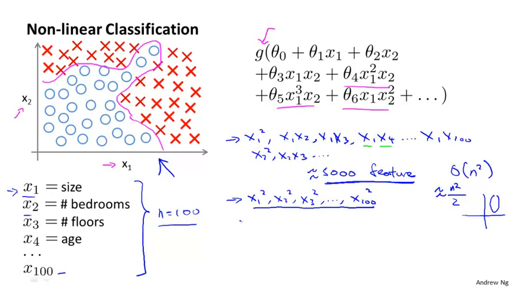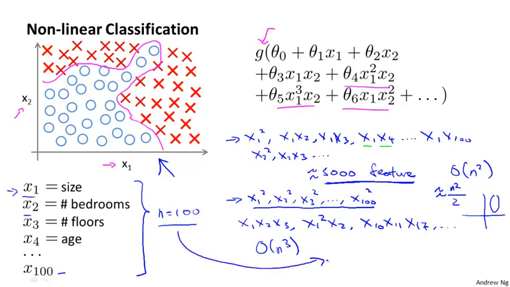If you were to include the cubic or third order polynomial features, like x1x2x3, x1 squared x2, x10x11x17, and so on, you can imagine there are going to be a lot of these features. In fact, they're going to be order n cubed such features, and if n equals 100, you can compute that you end up with on the order of about 170,000 such cubic features.